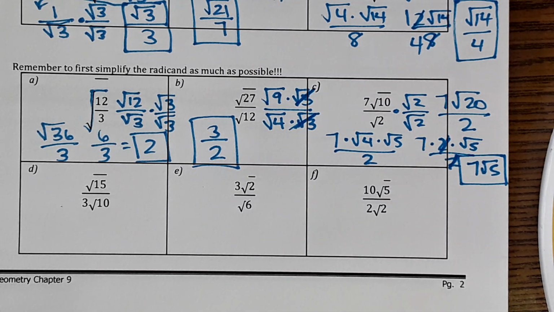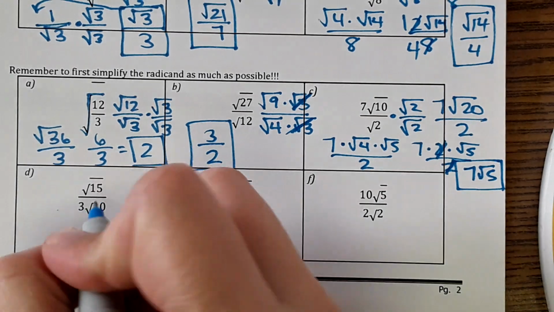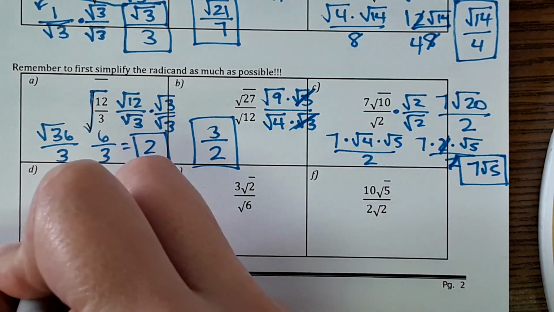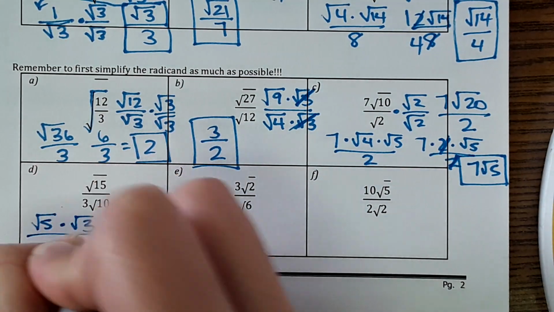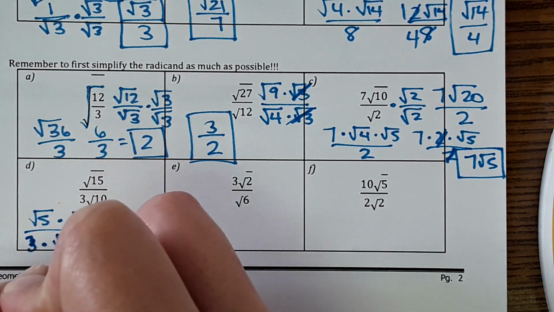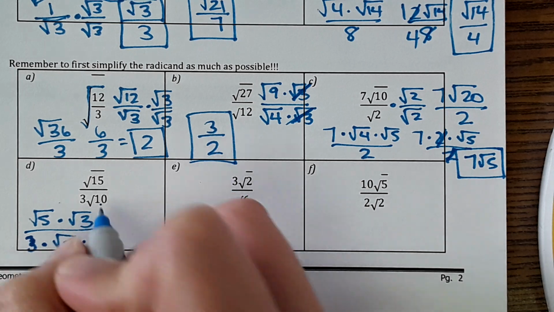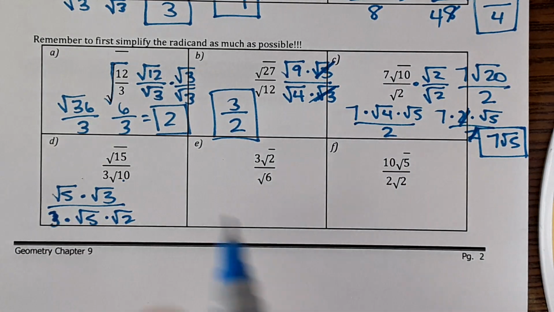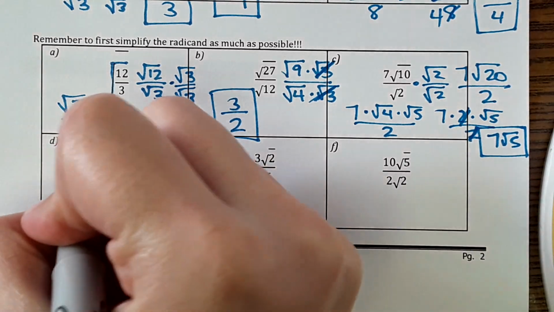Okay, D. Same idea. I'm going to break up the 15 and the 10. So I'm going to rewrite this: square root of 5 times square root of 3 for the 15, and 3 times square root of 5 times square root of 2 for the 10. Then in doing that, square root of 5's will cancel.